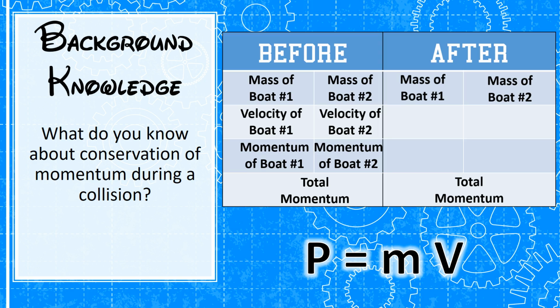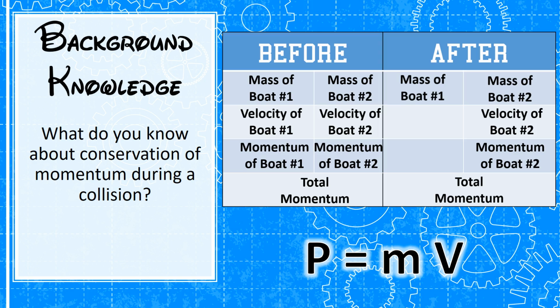In the case of this problem, I was given one of my boat's velocities. If I know a mass and velocity, I can find a momentum. I only need two variables. So I'd be able to find that boat's momentum after the collision. Total momentum is the sum of the two individual momentums.